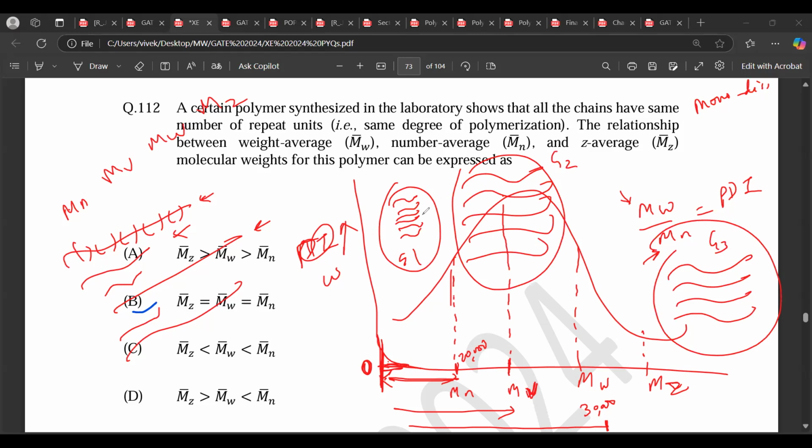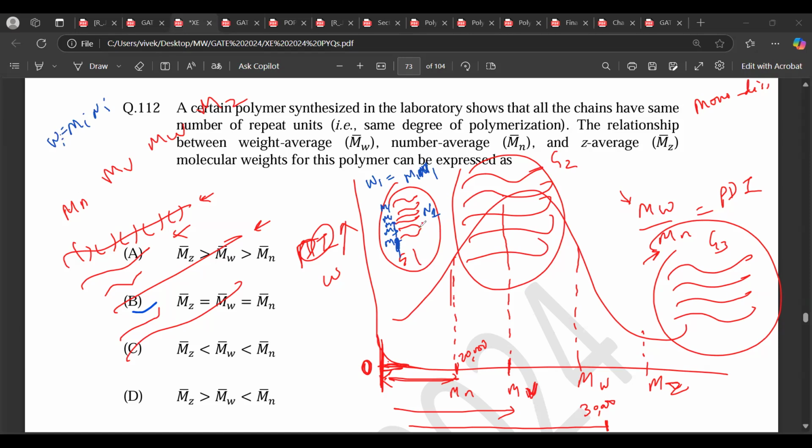So this is n1 number of chains with equal molecular weight M1, right? M1, M1, M1, M1, M1. Everyone has the same number of mers, that means the same molecular weight. So the total weight W1 will be n1 and M1, because Mi and Ni give you Wi, right?